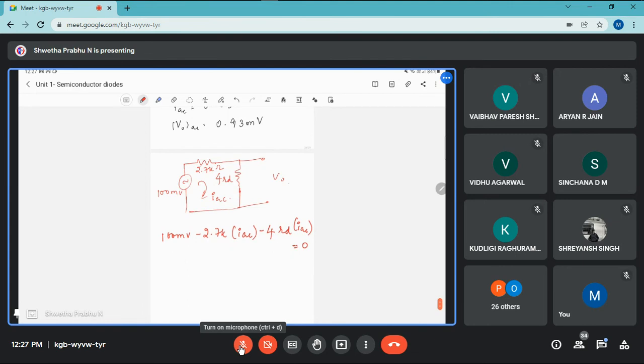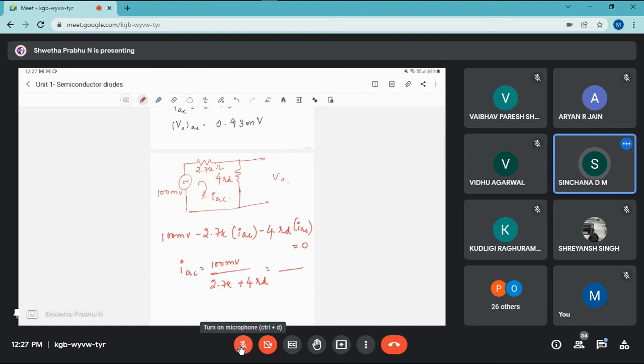Now we find IAC, that is equal to 100 millivolts divided by 2.7 K plus 4 into RD. How much will you get?